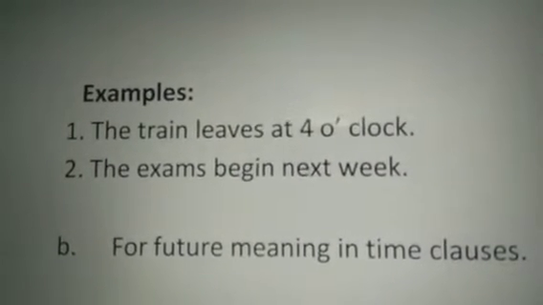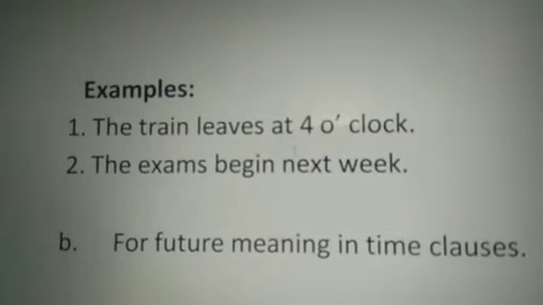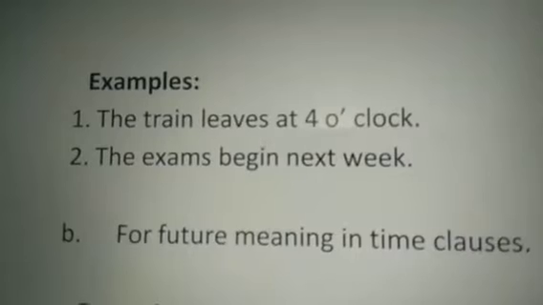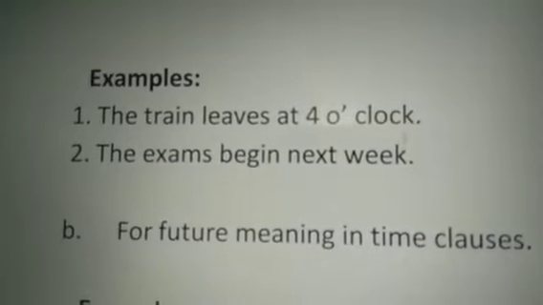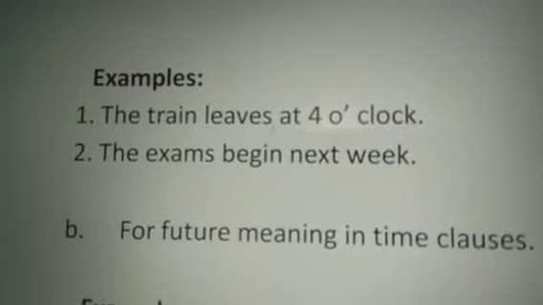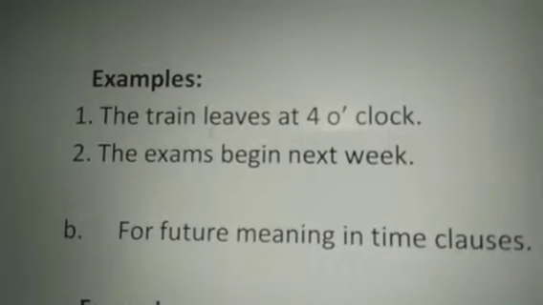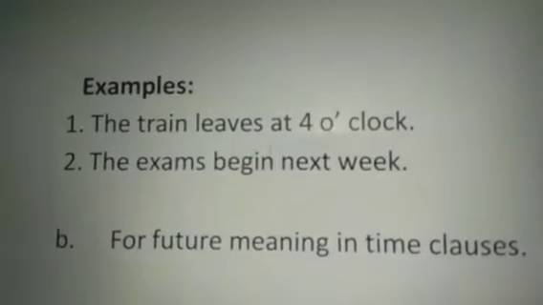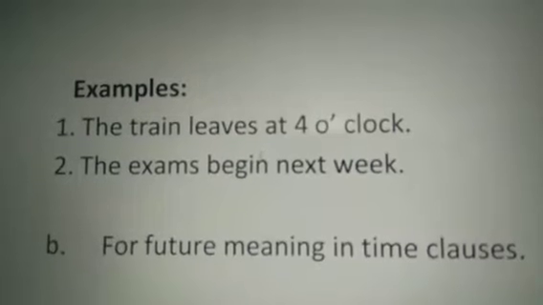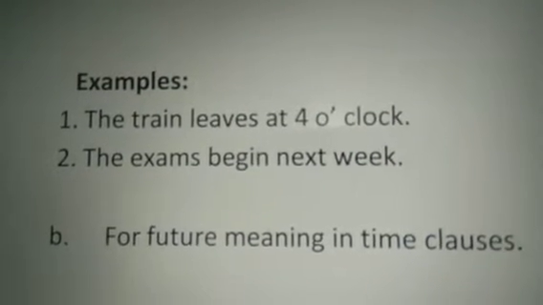Now let us analyze these two examples one by one. In the first example, the train leaves at 4 o'clock, this one is indicating a timetable. That is to say, this activity has not occurred as yet, but rather it is going to occur in future. And this is a very important use of simple present tense.